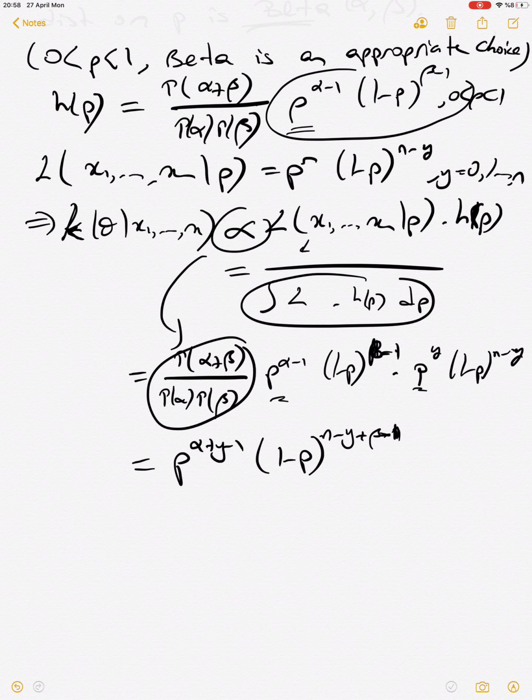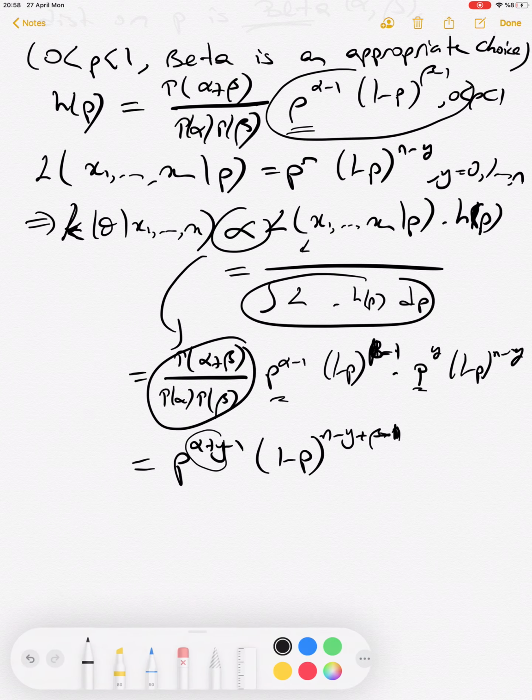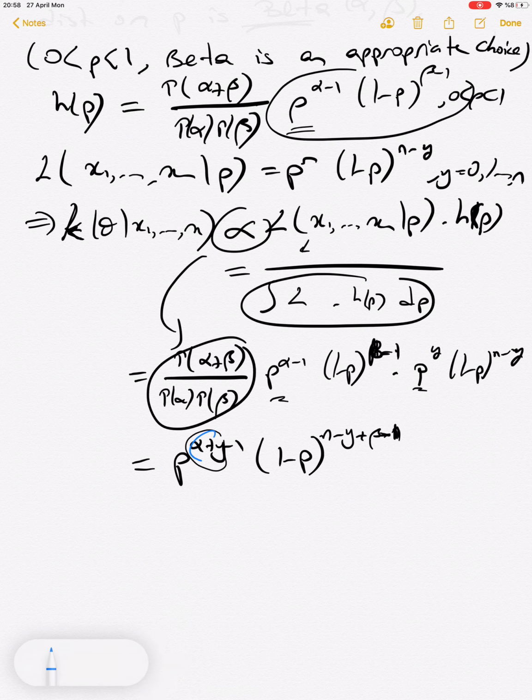So we have the same form here: p to the parameter minus 1, and 1 minus p to the other parameter minus 1.